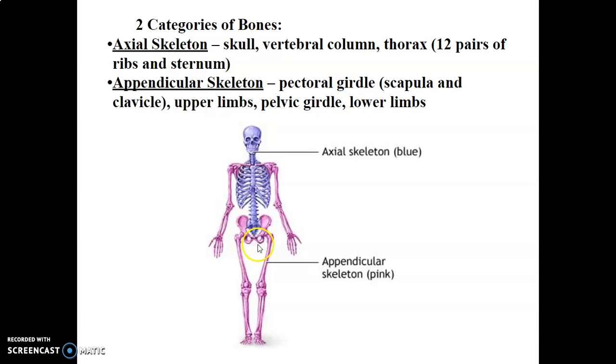And then we have the pelvic girdle, which is comprised of our pelvis. Imagine that. And then our lower limbs, our legs, reaching down to our feet. So axial and appendicular skeleton. Axial is made up primarily of the skull and the vertebrae. It includes our sacrum, this lower part here that we'll learn more about.